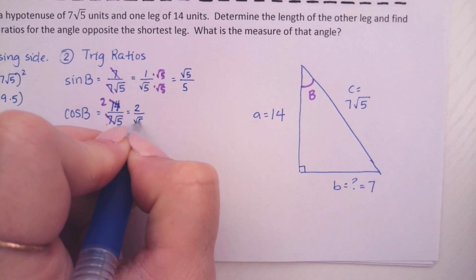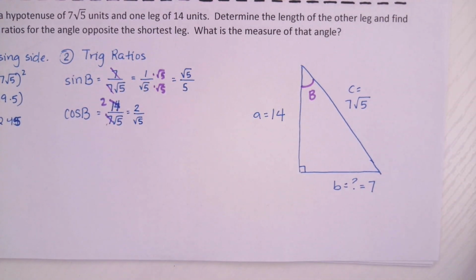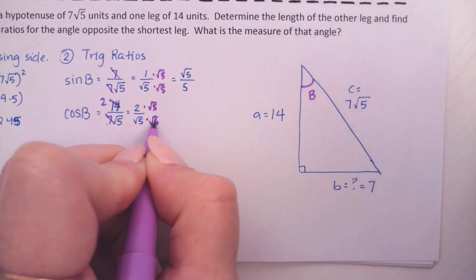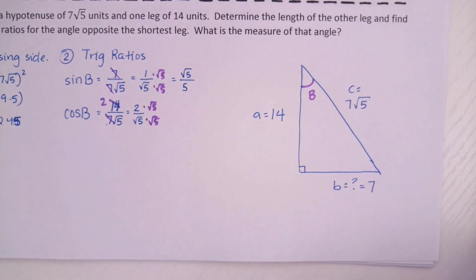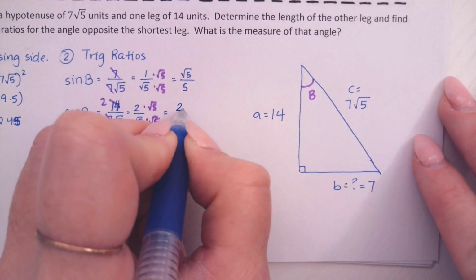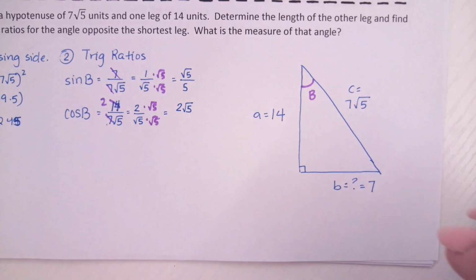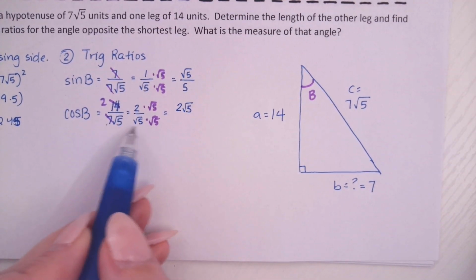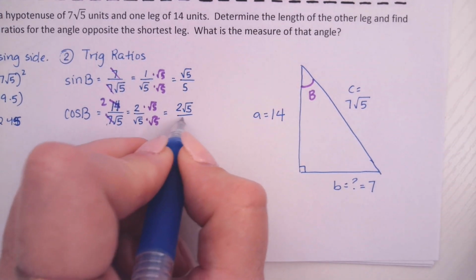And then what do I do with 2 over root 5? Do you remember what that process is called again when we multiply by that root 5 over root 5? Called rationalizing the denominator. Making it no longer an irrational number. So on the bottom, what are we going to have now? 5. Good.